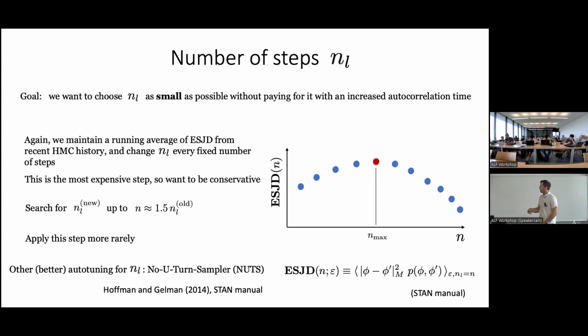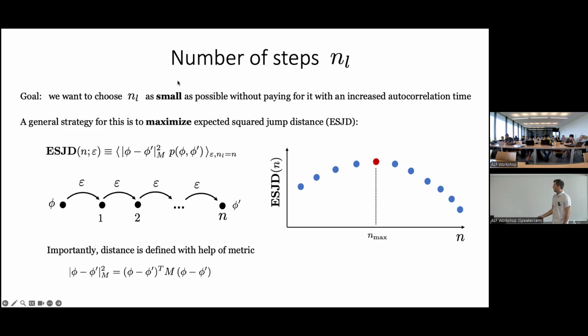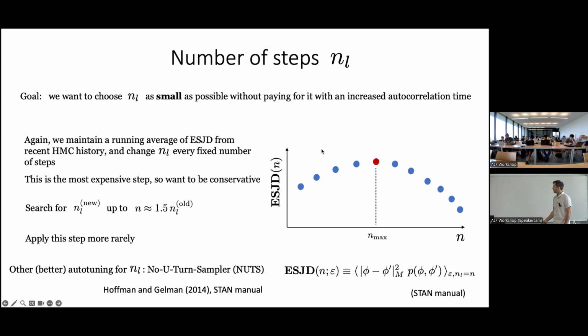In our warm-up phase, when we're optimizing, this is some average, and you need some probabilities. So you need to keep track of the acceptance probability at these steps over some recent Monte Carlo history, and then you change this number of steps NL every fixed number of Markov chain steps.